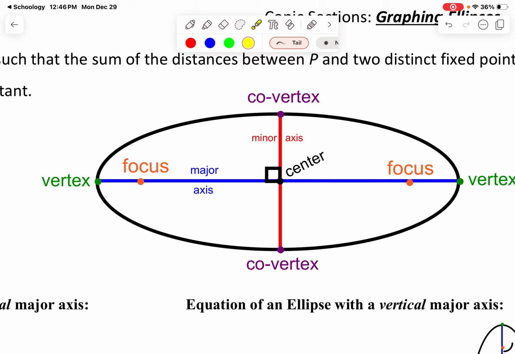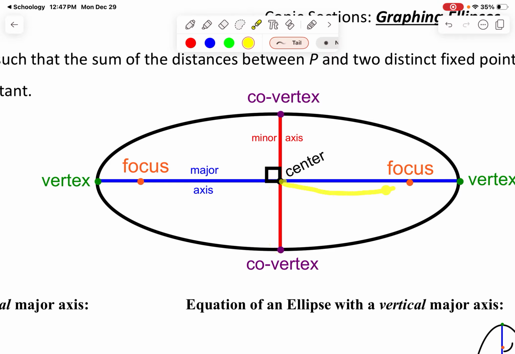Then you have two vertices, which is the plural of vertex. On a horizontal ellipse, that's to the right and to the left of the center. On a vertical ellipse, that'd be up and down from it. Then it also has two co-vertices, which are a shorter distance from the center. Then it has two foci.